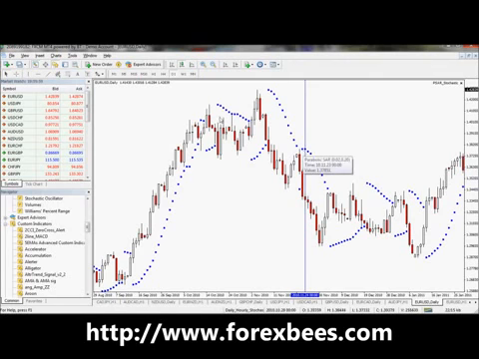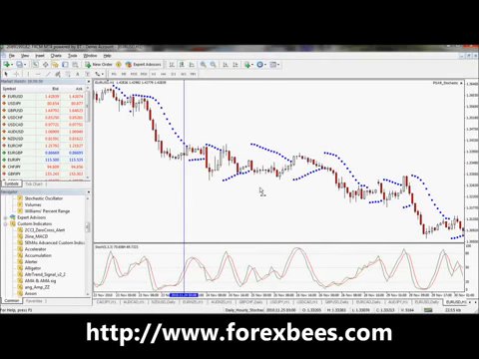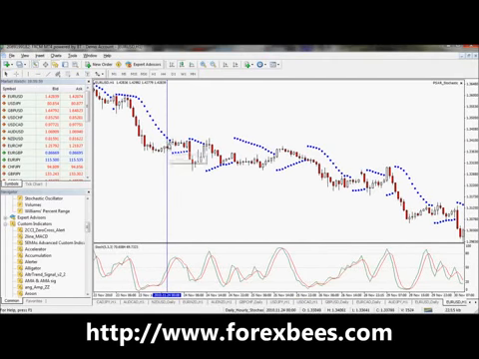So now go to the hourly chart. This is the hourly chart where the 1 to 3 pattern has completed on the daily chart. Now put a stochastic oscillator with the default settings on this one.